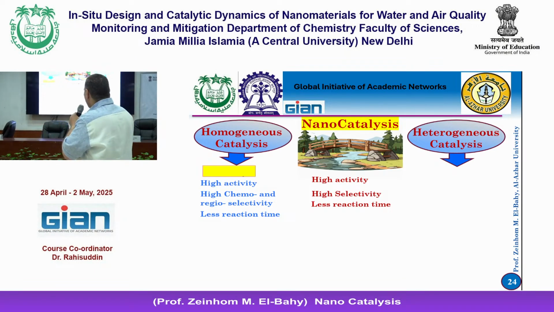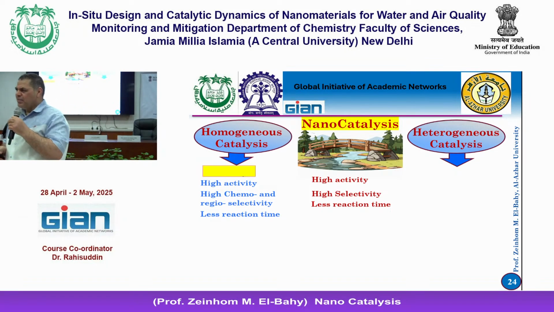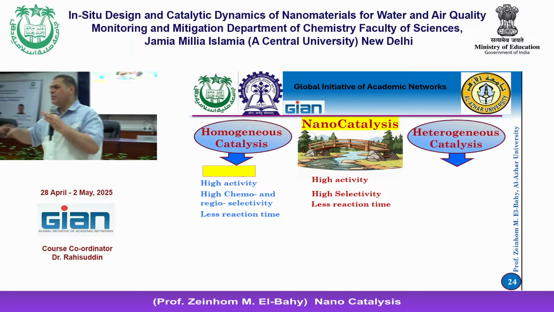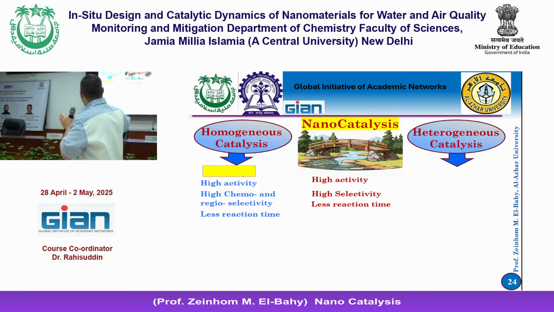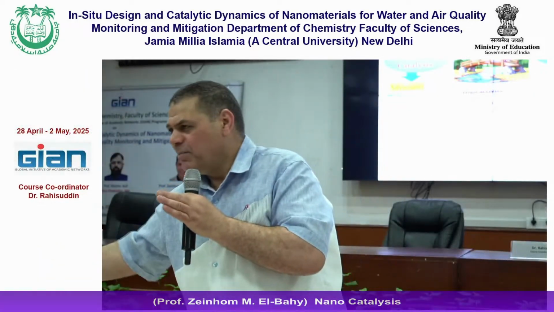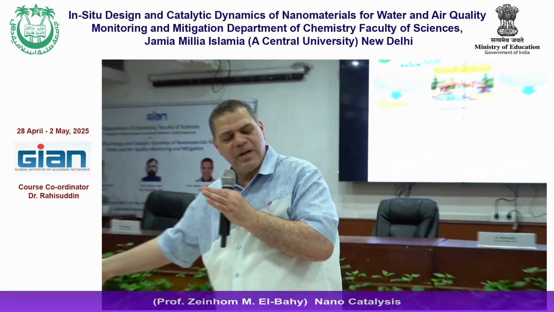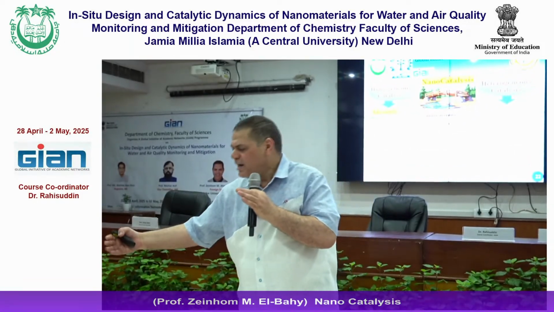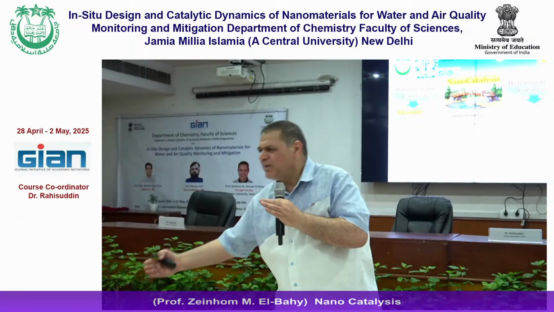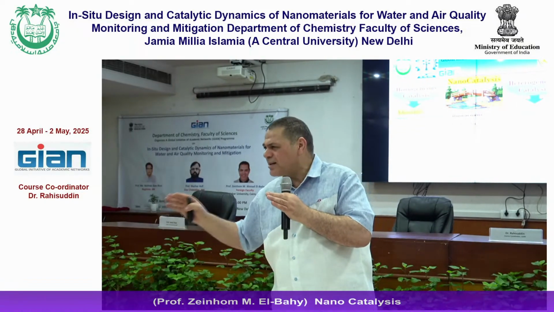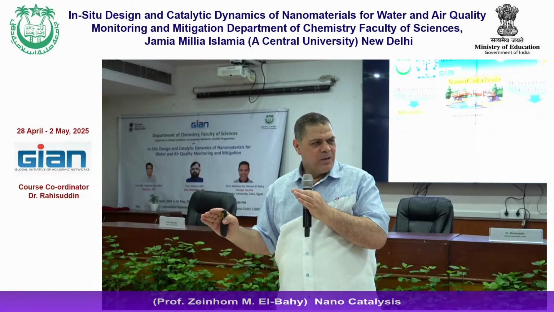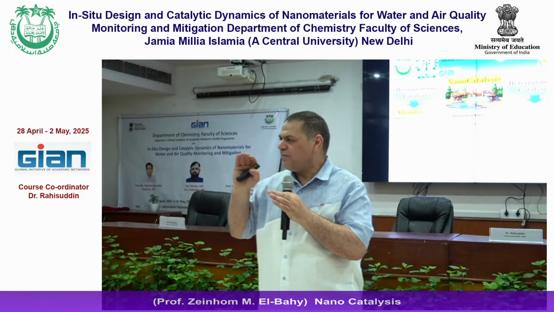At the same time, in nanocatalysis, we can get the same advantages: high activity, high selectivity, and less reaction time. Because you are taking the material just a little from the ionic scale to nanoscale, you move the size a little, and you still have the same advantages of homogeneous catalysis.